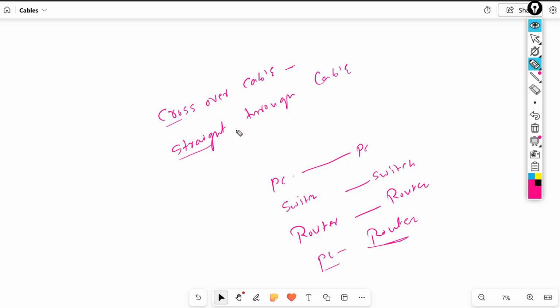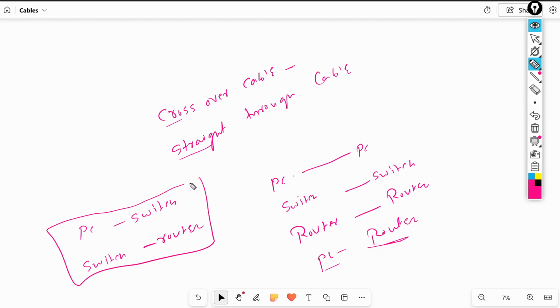Straight through cable, use between different devices, like PC to switch, switch to router, these two, okay? PC to switch, switch to router. So between different devices, we use straight cable. Between same devices, we will use cross cable.